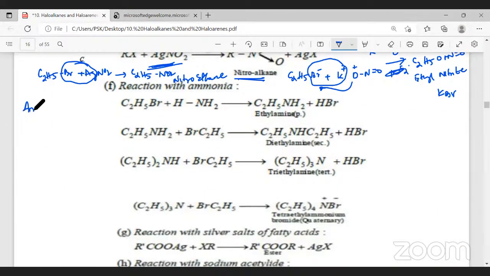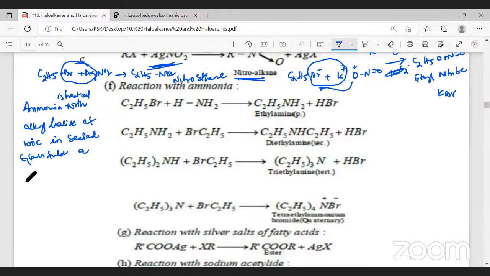When ammonia is heated with alkyl halide at 100 degrees Celsius in a sealed glass tube, a mixture of primary, secondary, tertiary, and quaternary ammonium salts is formed.